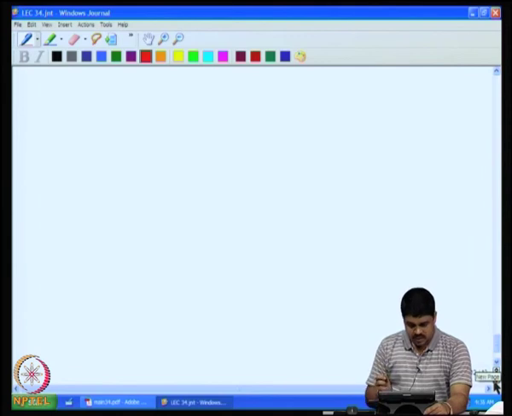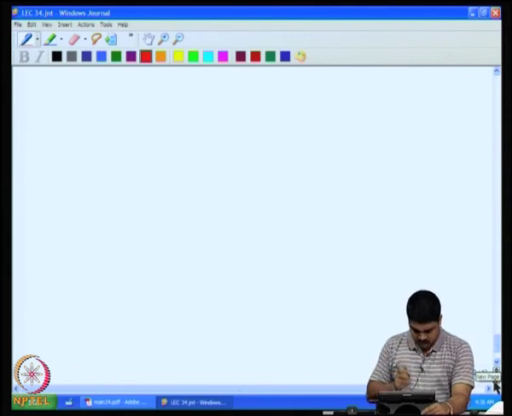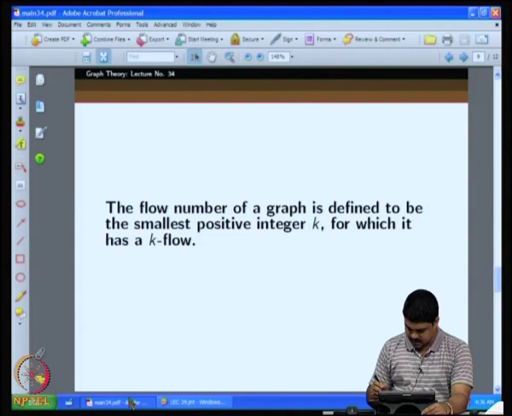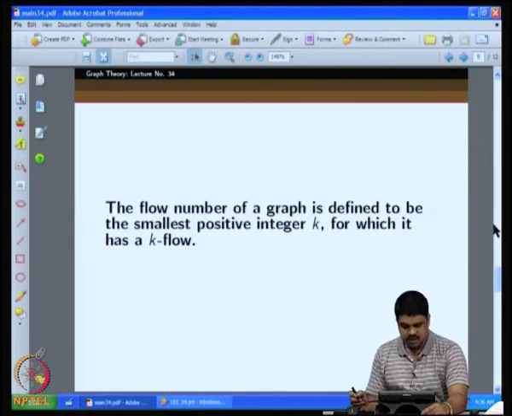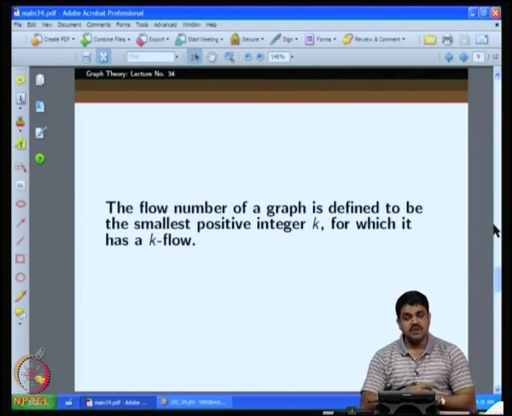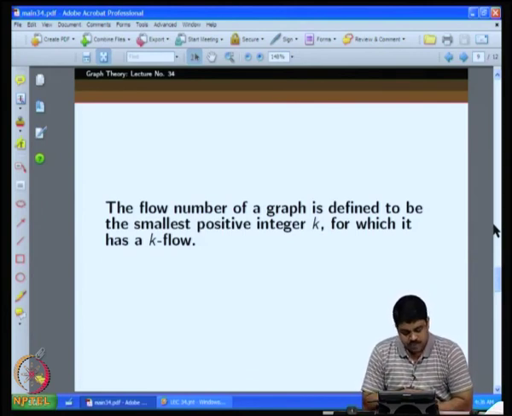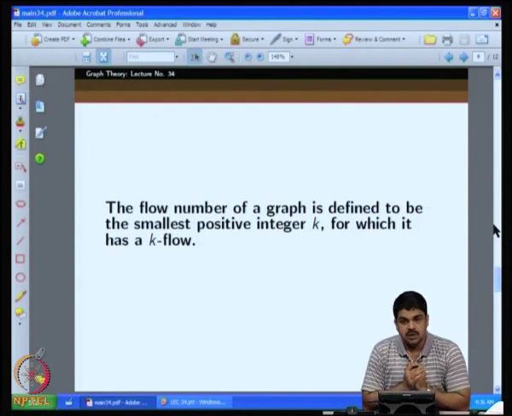Now, when we come to k flows, the next main concept is the flow number. The question is: given a graph, what is the smallest positive integer k for which it has a k flow? Why am I talking about a graph, not a digraph now?